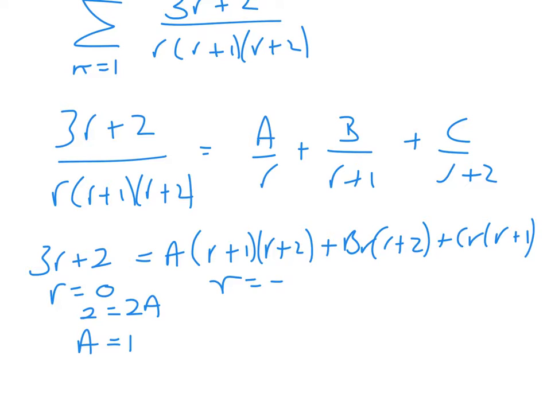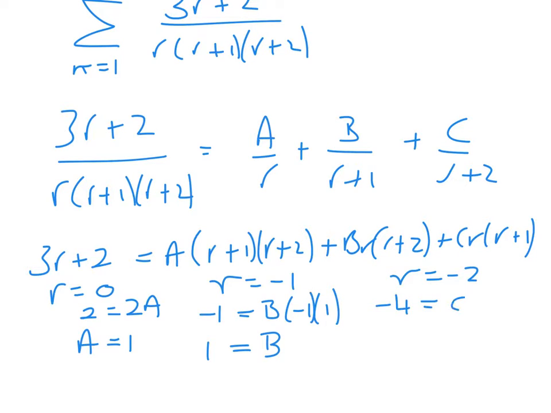If r equals minus 1, then minus 1 equals B times minus 1 times 1, so B equals 1. And if r equals minus 2, then minus 4 equals C times minus 2 times minus 1, so minus 4 equals plus 2C, C equals minus 2.